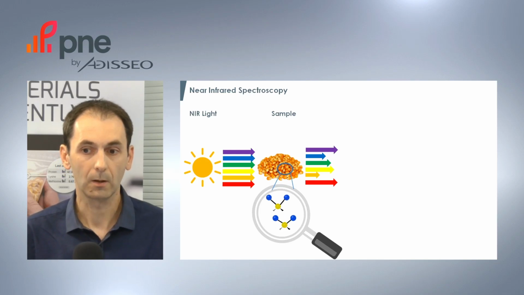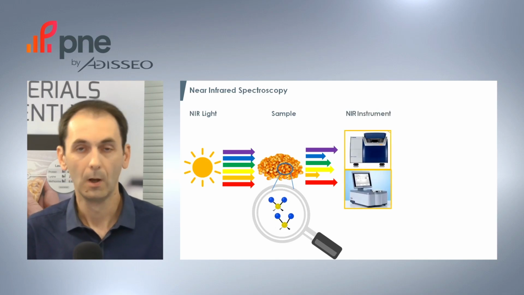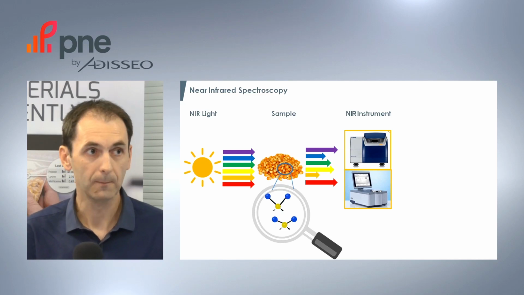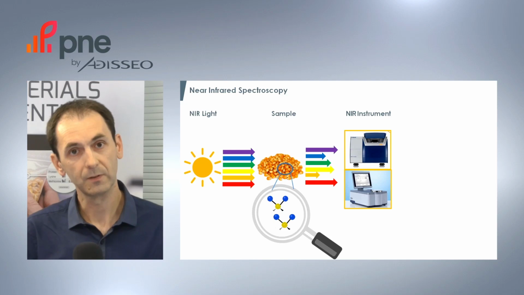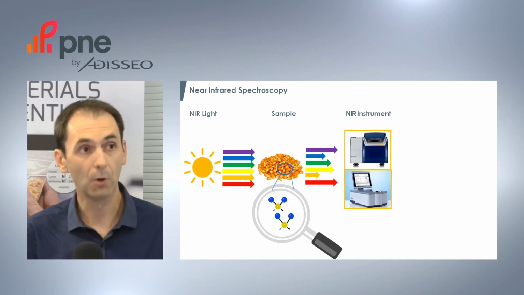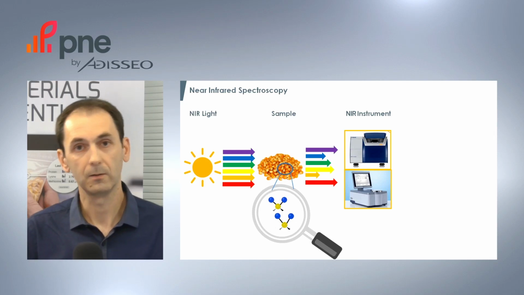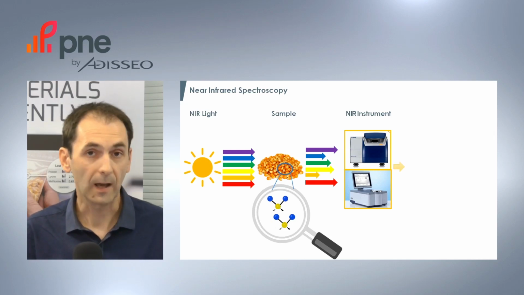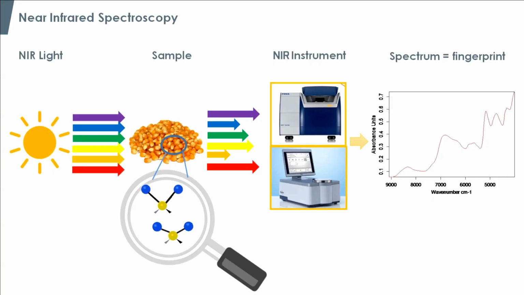Since each molecule has its own vibration modes and frequency, all the different molecules will absorb the light in a different way. These absorptions are then recorded and detected by the NIR instruments, and the result is a spectrum or a scan that is unique to that given molecule. This is what we commonly call the fingerprint, because it's the signature of that molecule.